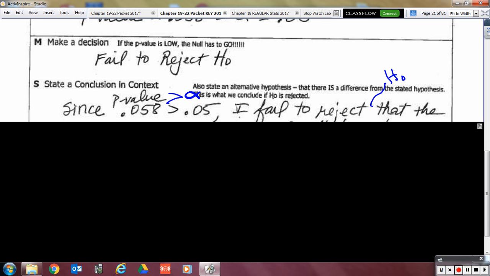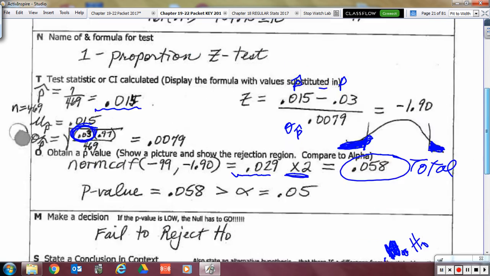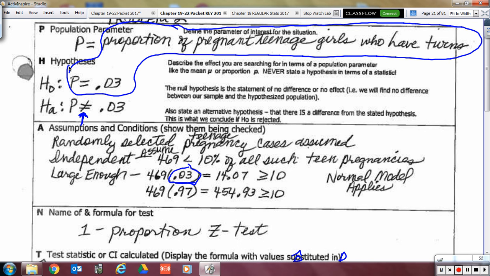At that point, visually go up to the top, and instead of writing H0, you write it out in words. So I come up here and say, the proportion of pregnant teenage girls who have twins equals 0.03. I'm regurgitating that null hypothesis.